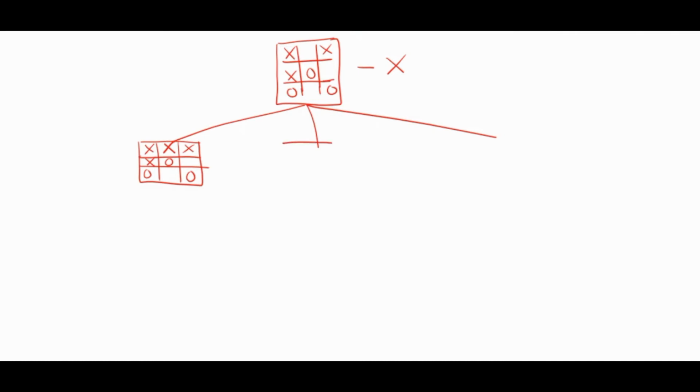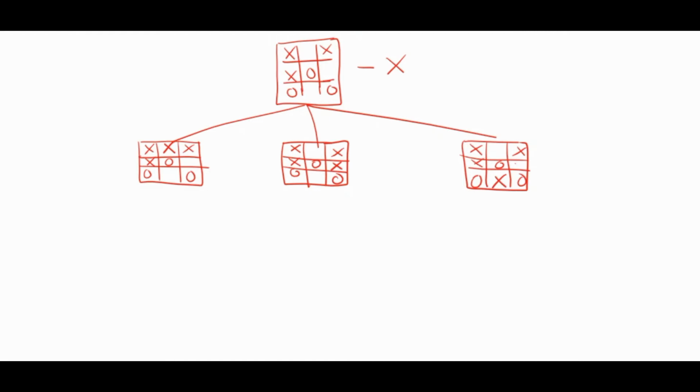And the second would be placing the mark here. And the third would be placing the mark here. So again, there are 3 legal moves because there are 3 vacant squares.